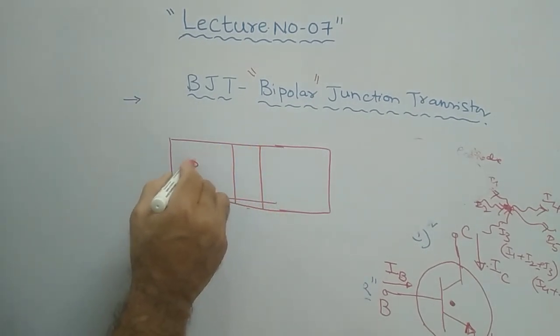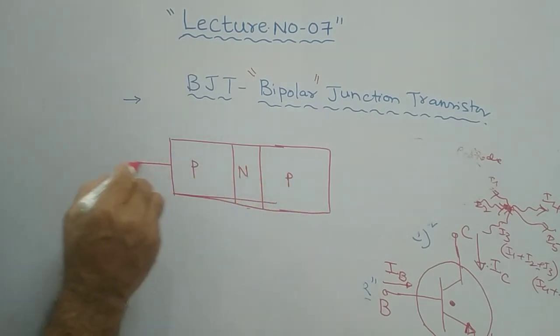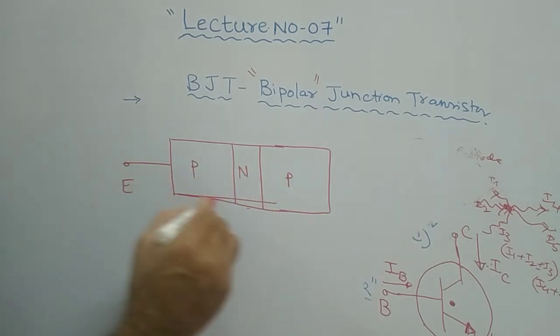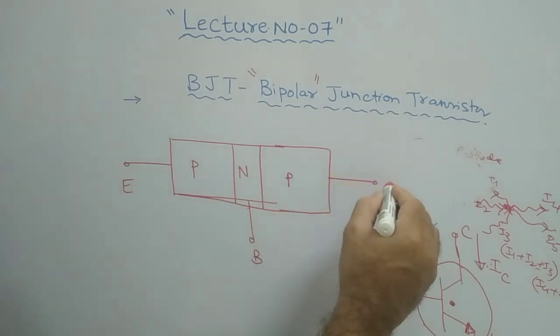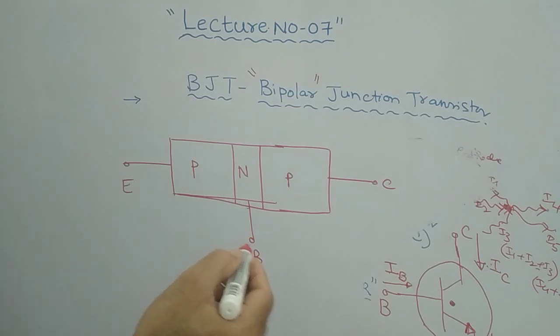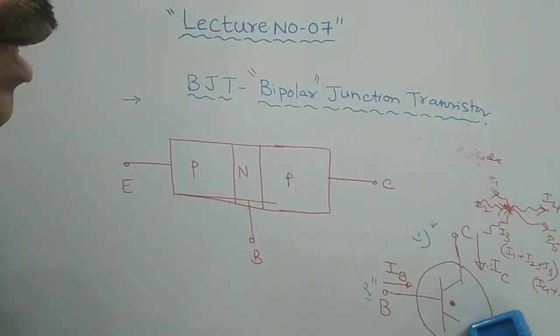This is P, this is N, this is P. Again, this is your emitter, the middle one is definitely base, and this is collector. Here, in the electrical equivalent of a PNP transistor, what is the difference? You show the arrow mark in the reverse, upward direction.